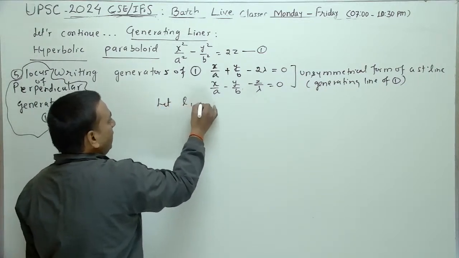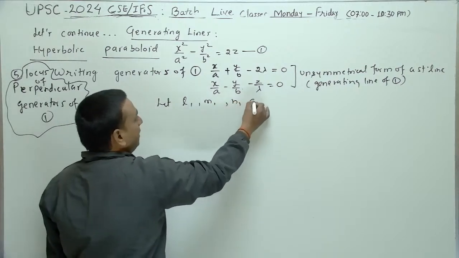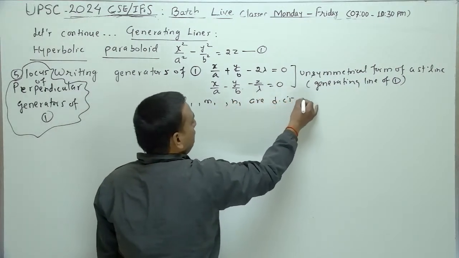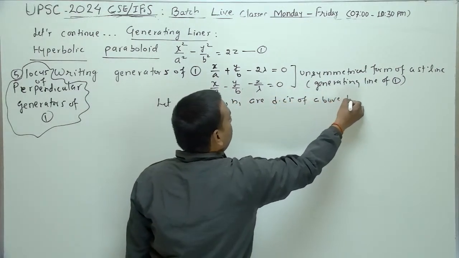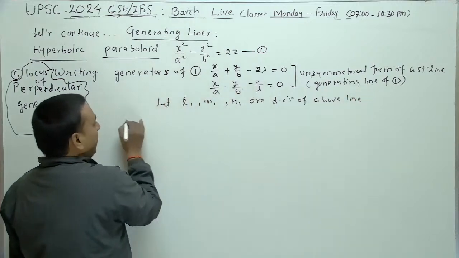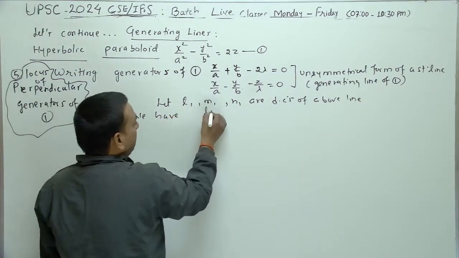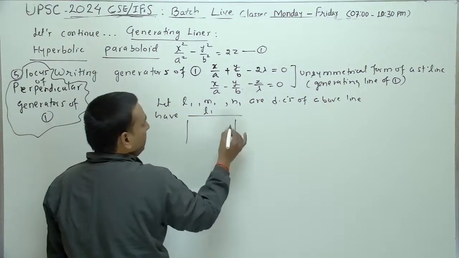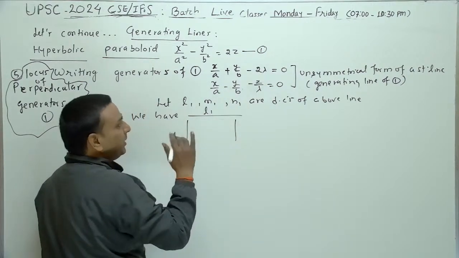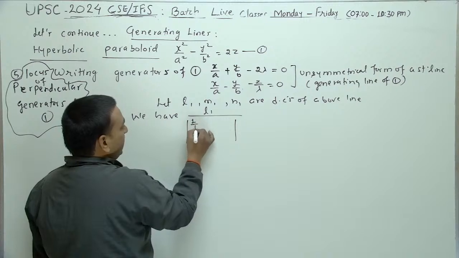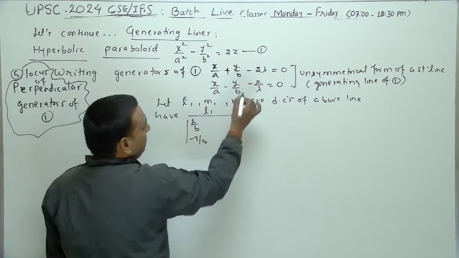So let L1, M1, N1 are direction cosines of above line. So we have, क्या मिल जाएगा अपने को? So we have L1 upon determinant of coefficients of y and z. So this is 1 by b, this is minus 1 by b.